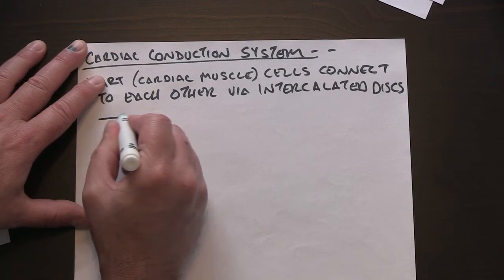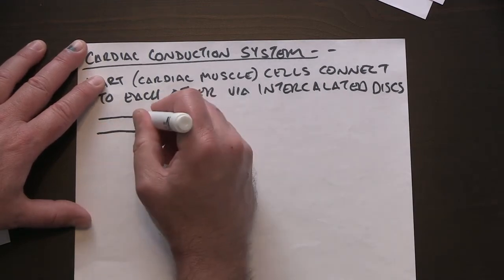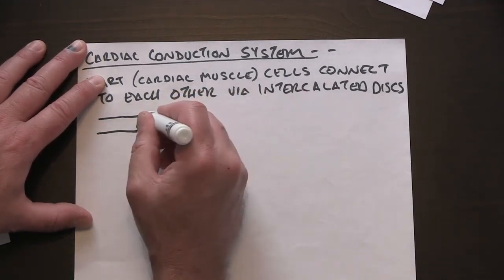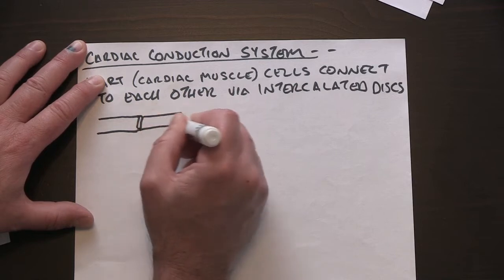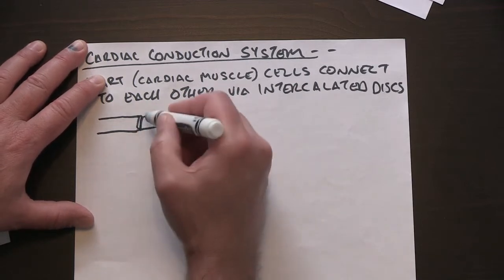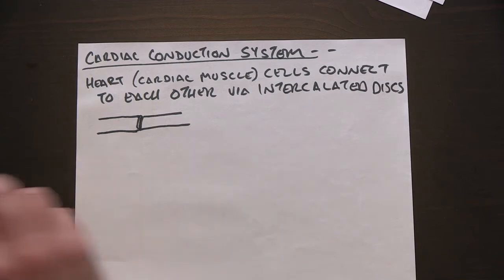When the end of a heart cell is reached, it connects to another one through this special structure called an intercalated disc.